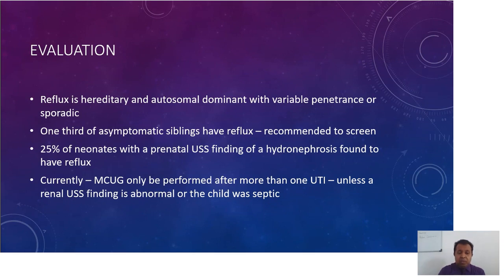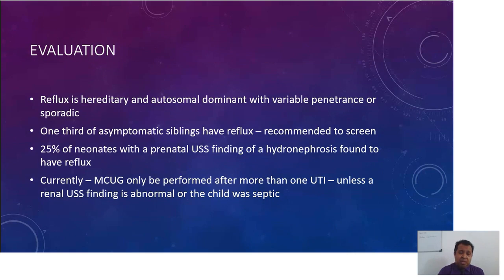Currently, we mainly use MCUG to diagnose and grade vesicoureteric reflux, and its indications are very clear. We usually recommend it for recurrent urinary tract infection with ultrasonography findings of any underlying structural abnormality, reflux, or outflow tract obstruction. There are some relative indications.